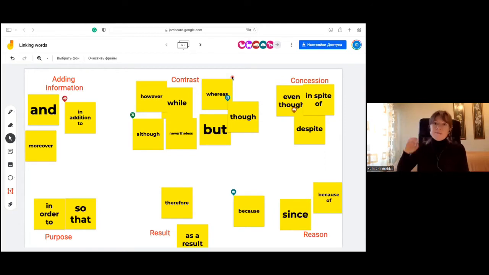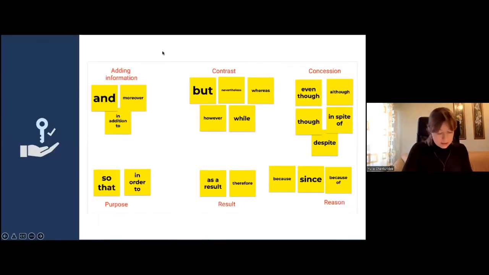For example, despite bad weather, I will go for a walk. So two different aspects: bad weather, but going for a walk. Here I should comment that, as I have already said, contrast and concession are very closely linked together.